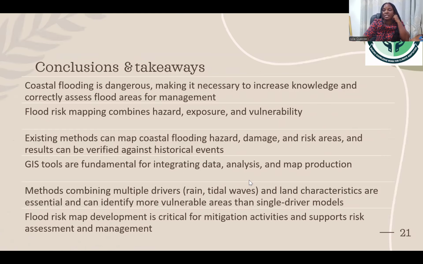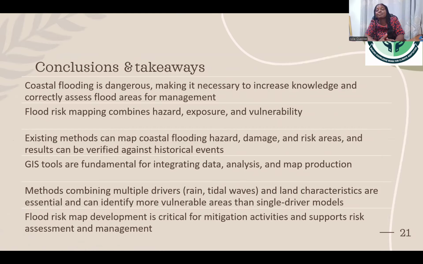as well as some challenges with visualization, validation, and communication. And so in conclusion, we say that coastal flooding is very dangerous and it's necessary to increase knowledge and correctly assess flood areas for management. And when we are mapping flood risk areas, we combine three major components, and these are what we call the hazard triangle. That is the hazard, the exposure, and the vulnerability.